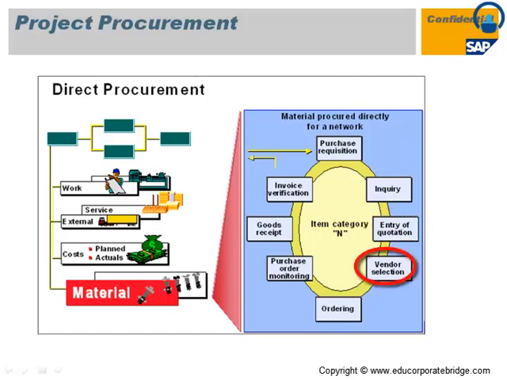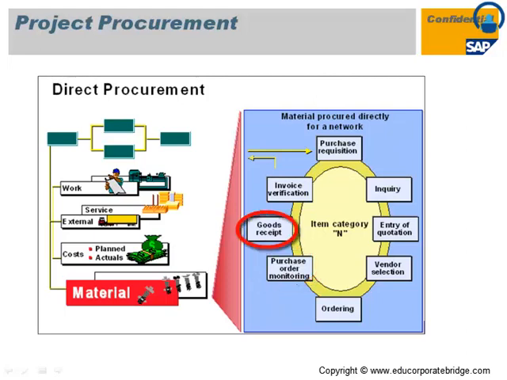Once the quotation gets finalized, there is a vendor selection process which is carried out in the module. Once the vendor selection gets finalized, there is an ordering process where we need to provide a purchase order to the particular vendor. Once the purchase order is provided, the vendor will supply the material.